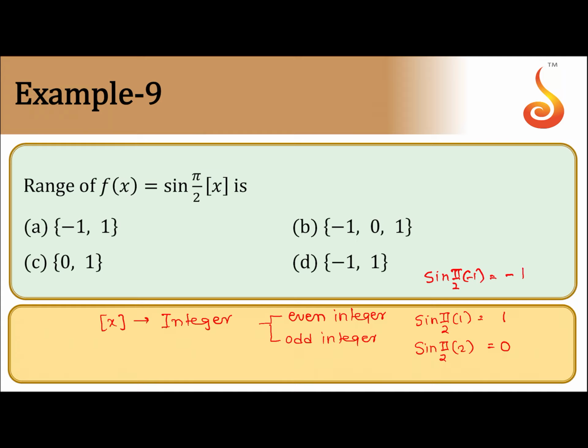Now, if we take the multiples, I will repeat once again: sine pi by 2 into 1 is one possibility, you will get 1. Sine pi by 2 into minus 1 will get minus 1. Sine pi by 2 into 0 you will get 0, or sine pi by 2 into even multiples, suppose I take 2n, you will get 0.